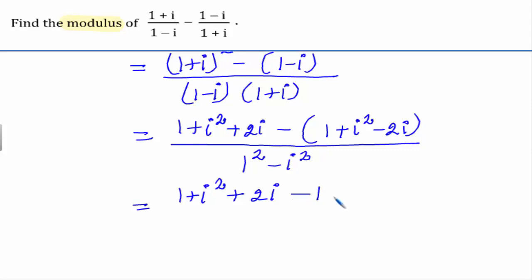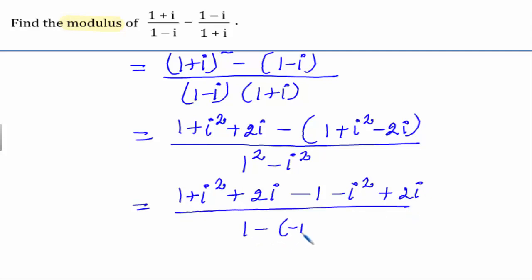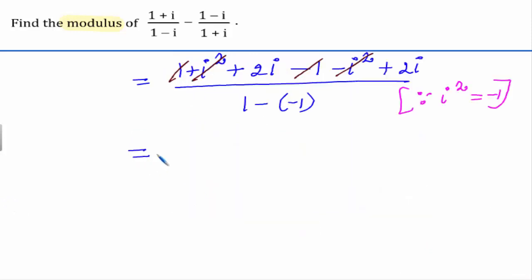We get minus 1 minus i square plus 2i divided by 1 minus of minus 1, since i square is equal to minus 1. If we simplify the numerator, we get 1 and minus 1 cancel each other. i square and minus i square cancel each other. So we are left with 4i. And in the denominator we have 2. This will be equal to 2i.